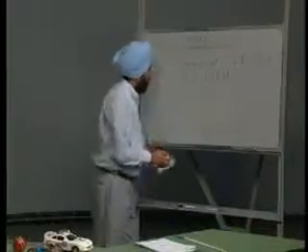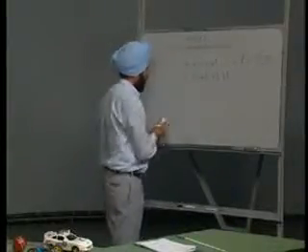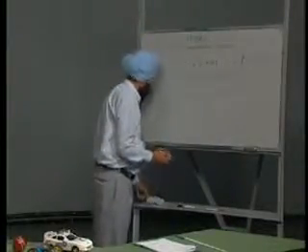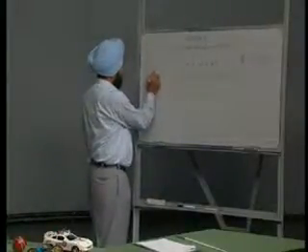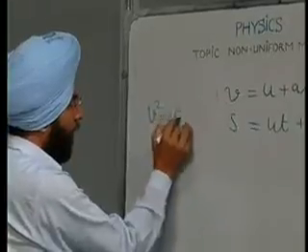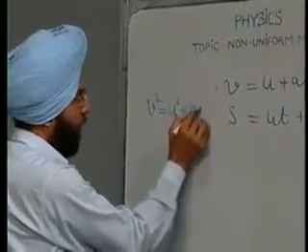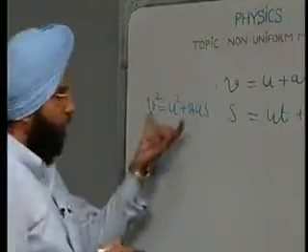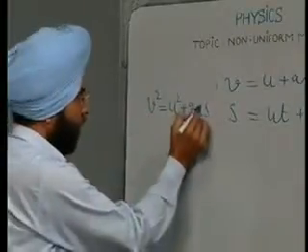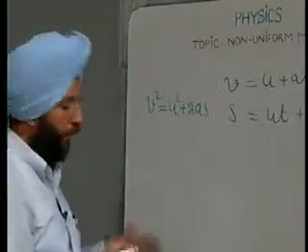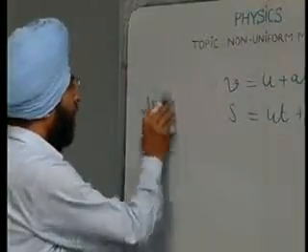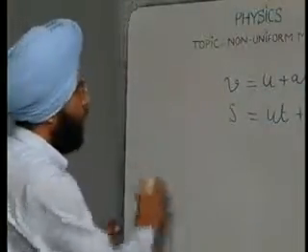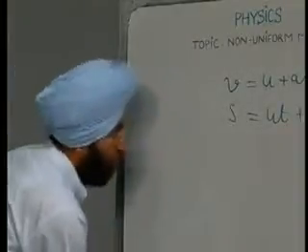Now, in the third equation, v square is equal to u square plus 2 a s, time is not there, variable t is not there. So, what we do is we use the method of elimination of time from these two equations.